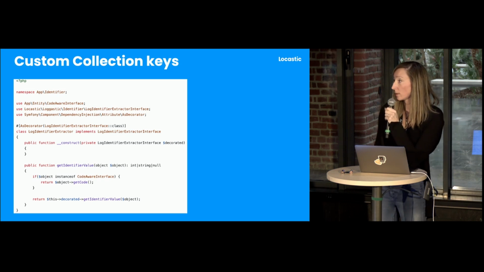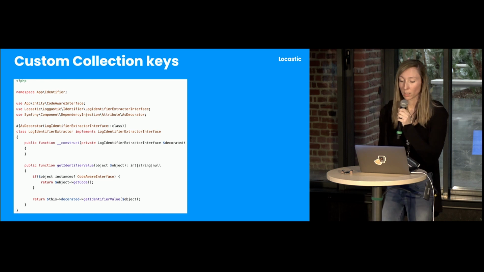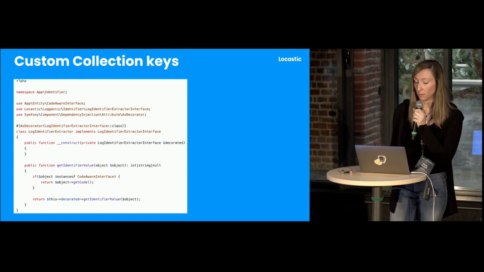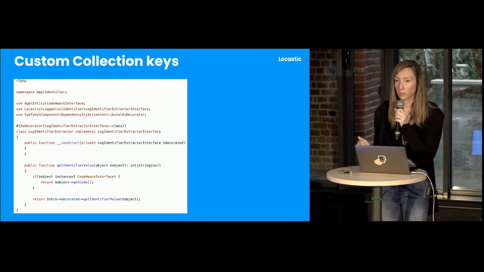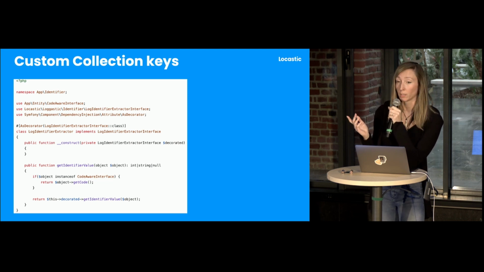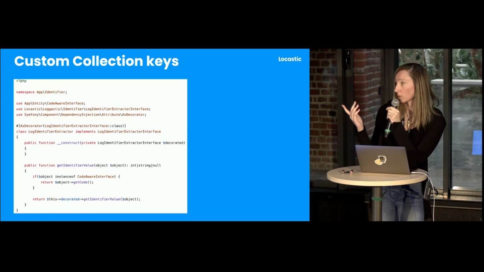In order to do that, we can decorate our log identifier extractor, which is used for creating this info. By default, it will always pull the ID from the object. But if you, for example, have a code in your entity, which Sylius objects mostly do, you can just say, okay, if the object is an instance of the code-aware interface, then just return the code.